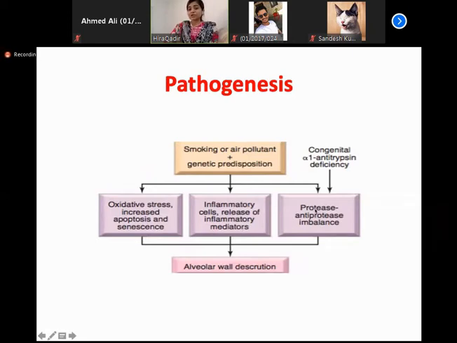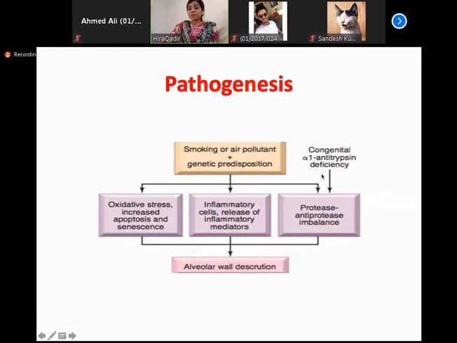Protease, or elastase, is an enzyme released by the neutrophils that causes destruction of the alveolar wall. These proteases are inhibited by alpha 1 antitrypsin, which is normally present in our body and is secreted by the liver. So this enzyme protects the lung from destruction by these proteases.